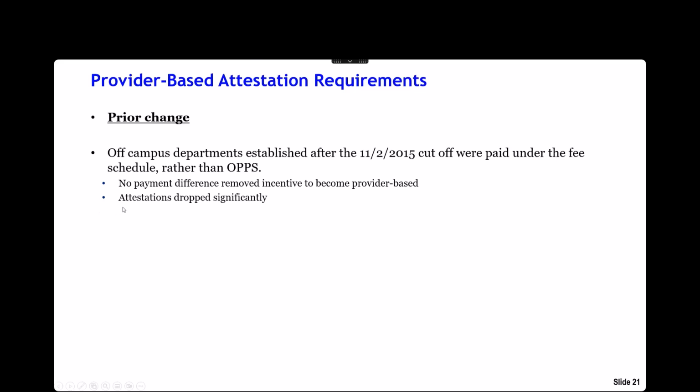For this reason, the attestations dropped very, very significantly compared to the number we used to have before. Again, there's no payment difference. And by the way, one of the rules in the regulation, which we'll look at here, basically said that if there is no difference in payment for your provider type or subunit type, then don't even bother submitting an attestation, because what's the incentive?